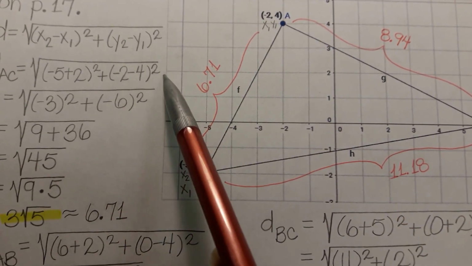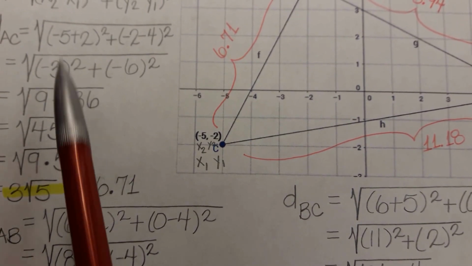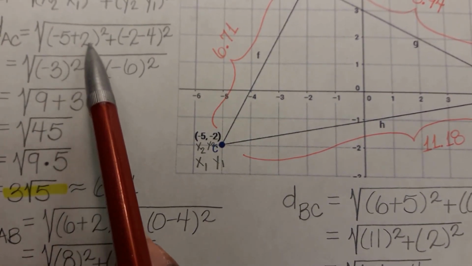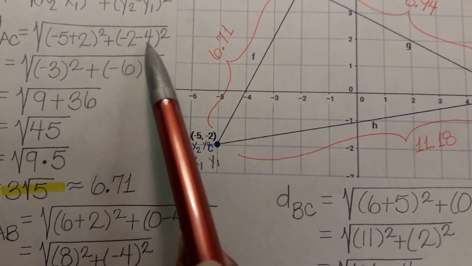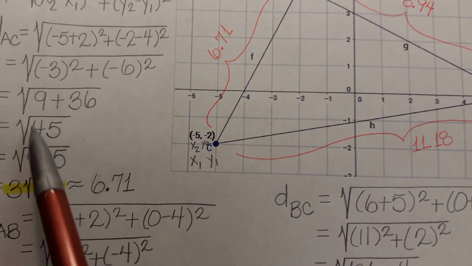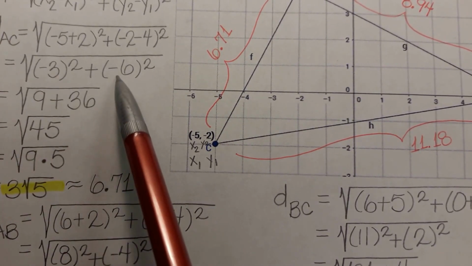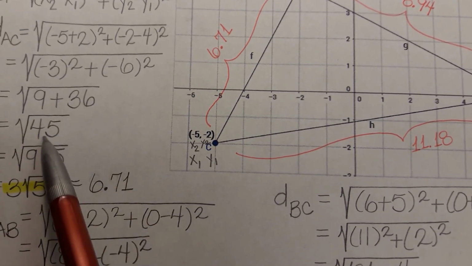So I say -4 squared. And from here, I'm just simplifying. I have -5 plus 2 is -3 squared. -2 minus 4 is -6 squared. -3 times -3 is 9. -6 times -6 is 36. 9 plus 36 is 45.